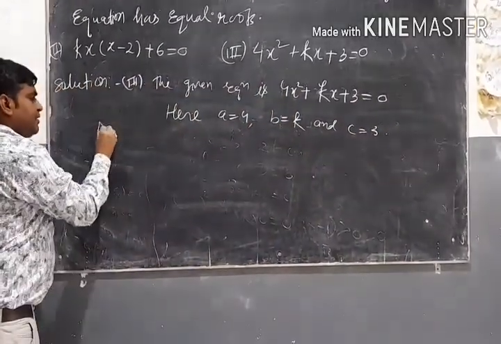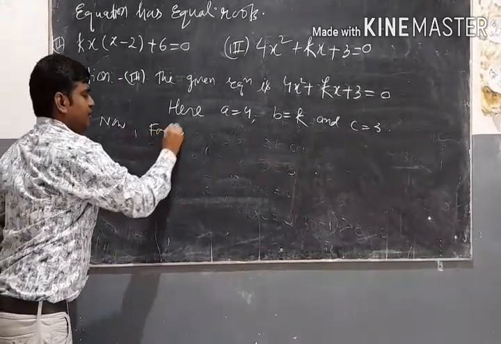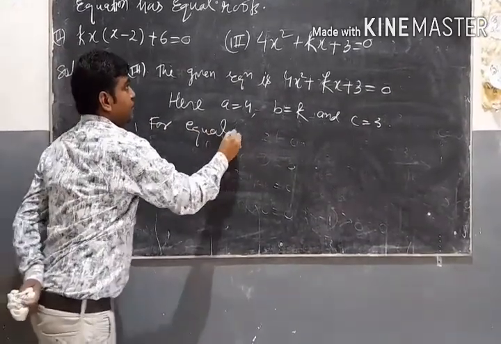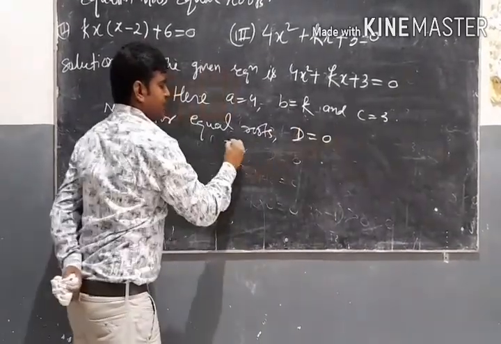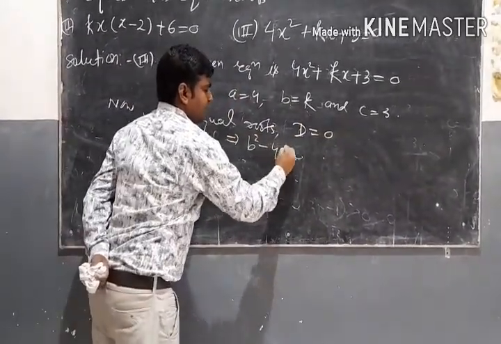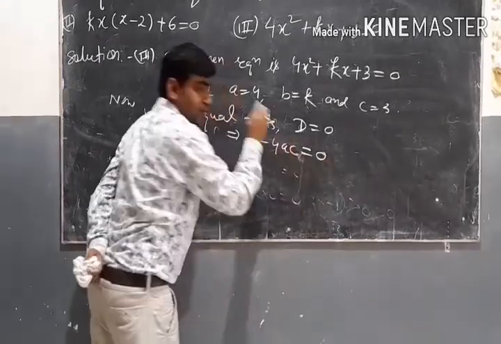Now we know that for equal and real roots we have D is equal to 0. Further b square minus 4ac is equal to 0.